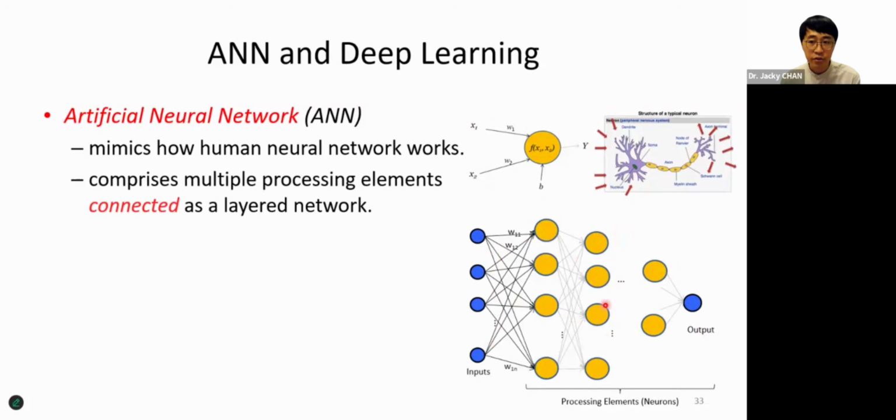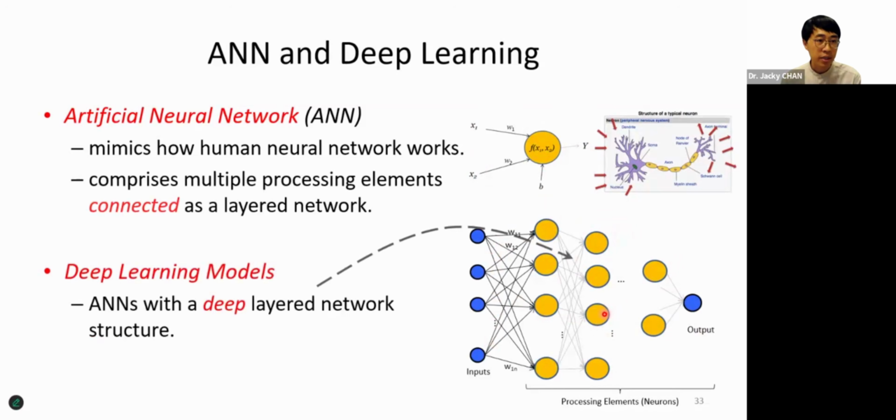Deep learning is actually the ANN, but with many layers, going deeper and deeper. And that's deep learning. Deep learning models with many layers help us to capture very complex patterns.